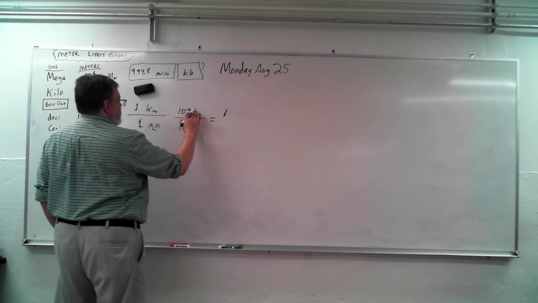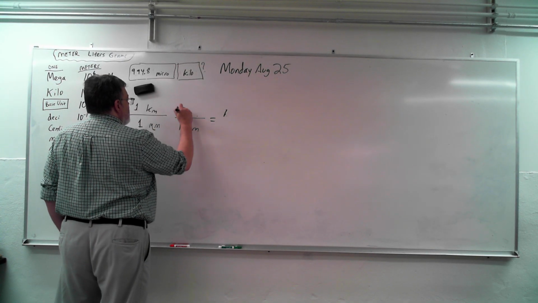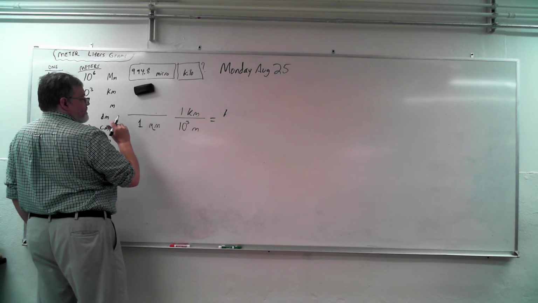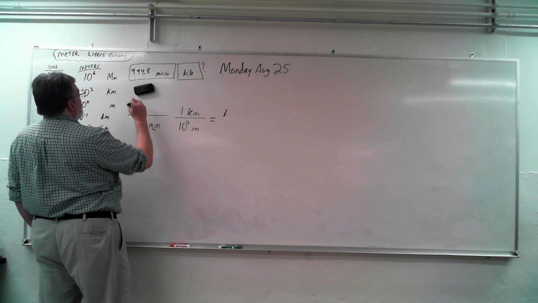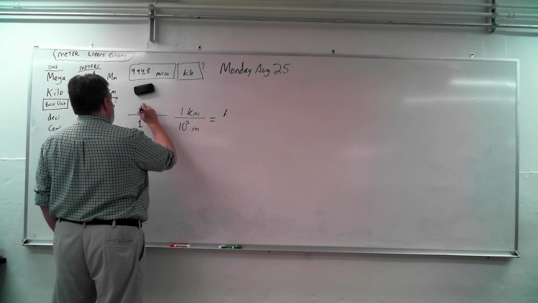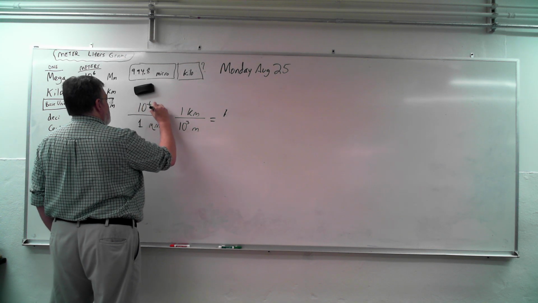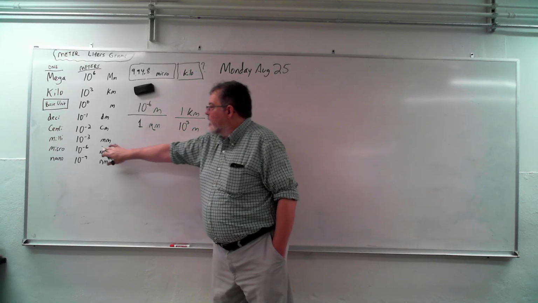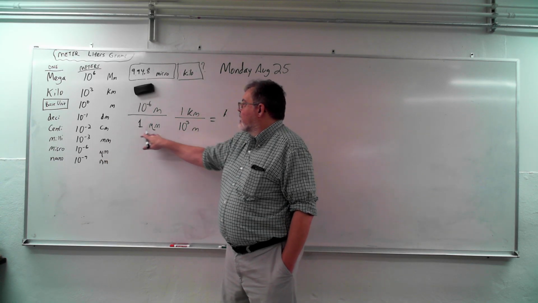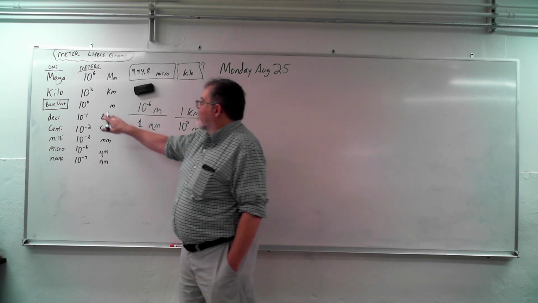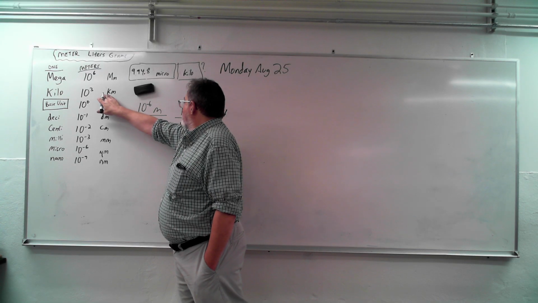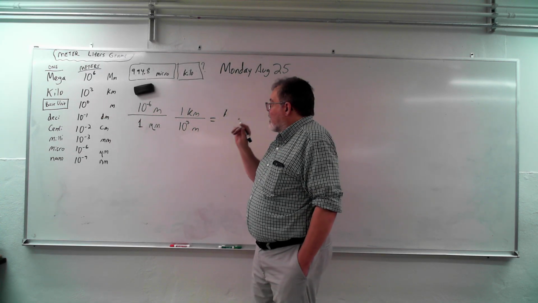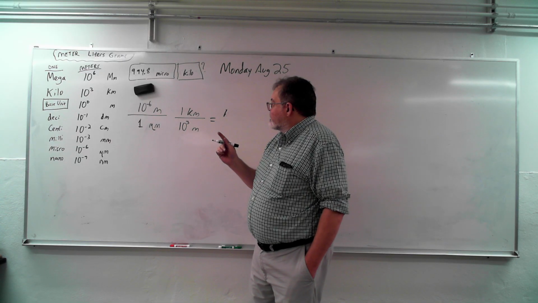If you don't like all this algebra, I've got to do it with 1 micrometer. Okay, so 10 to the -6 meters is 1 micrometer, and 10 to the 3 meters is 1 kilometer. That's what I've got. Gotcha. All right, now I'm going to swap.